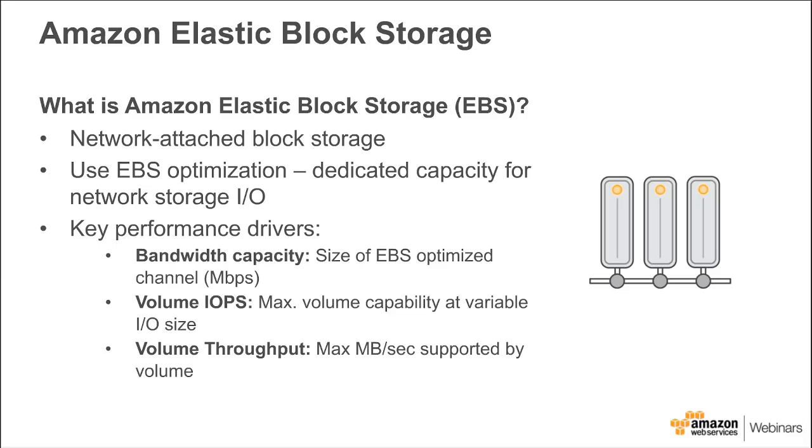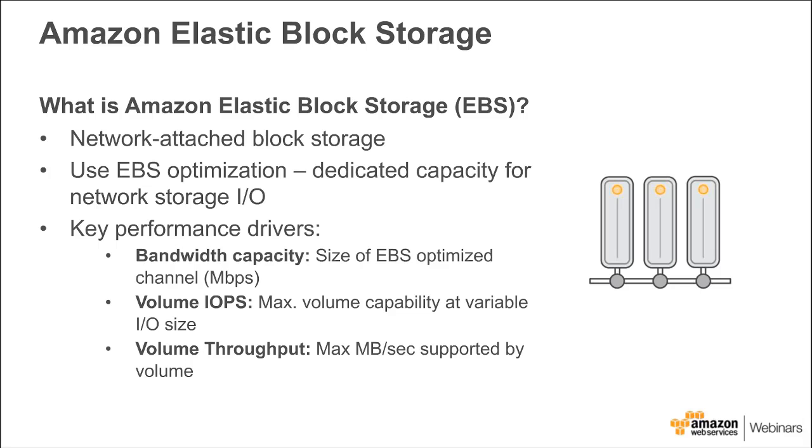EBS is available for all instance types, and most current generation EC2 instance types support EBS optimization, either by default or as an option. EBS optimization provides a dedicated channel for network storage I/O, eliminating potential contention with other network traffic from that instance.